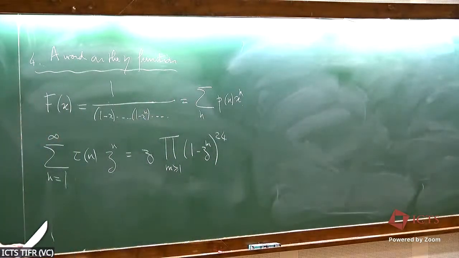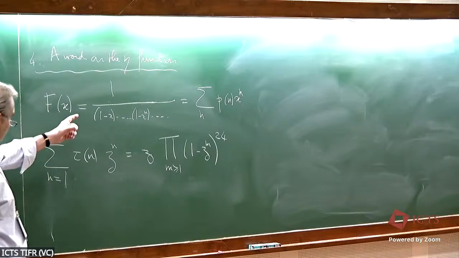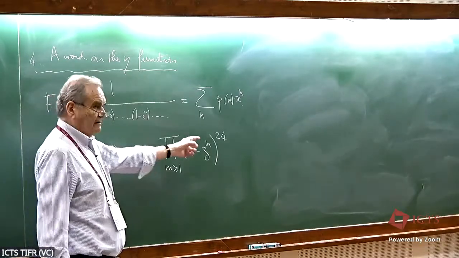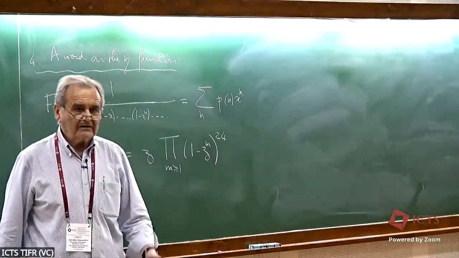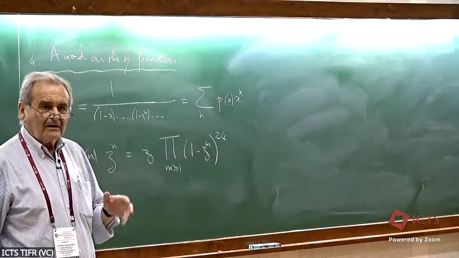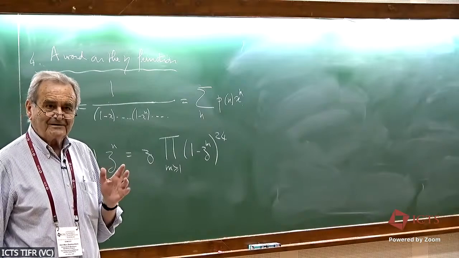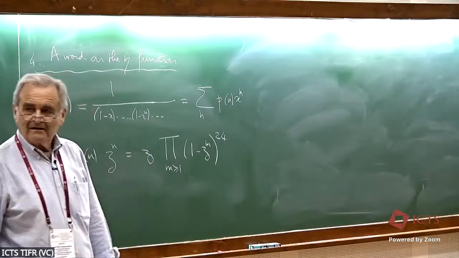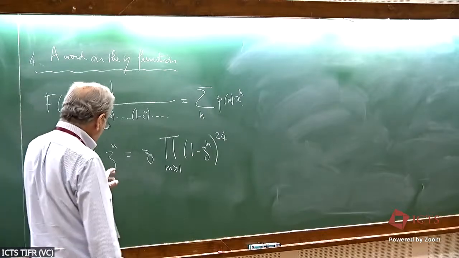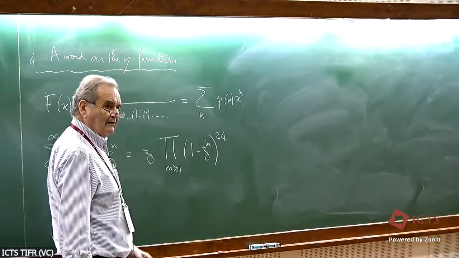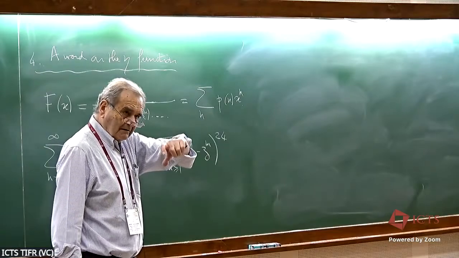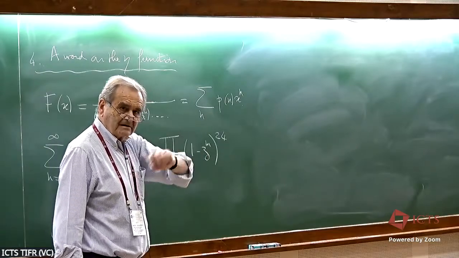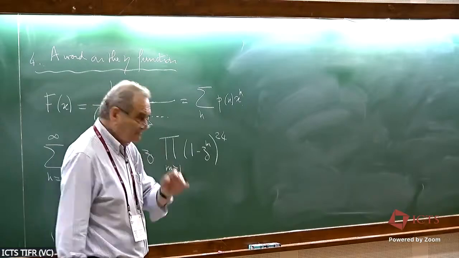And this function has nice properties. So this is fine, except that you have to take the 1 over 24th power. And for a complex number, you prefer to know exactly which determination you are going to use. So it's not the best thing to stay with z. It's maybe better to expand it with the radius and the argument.